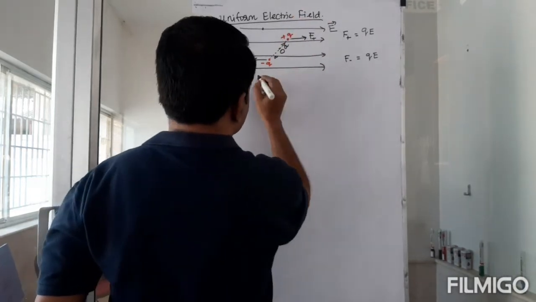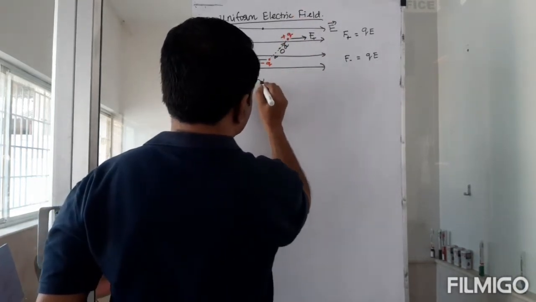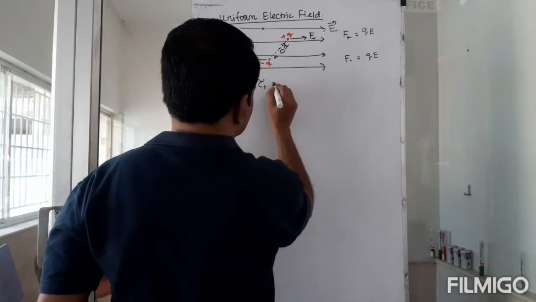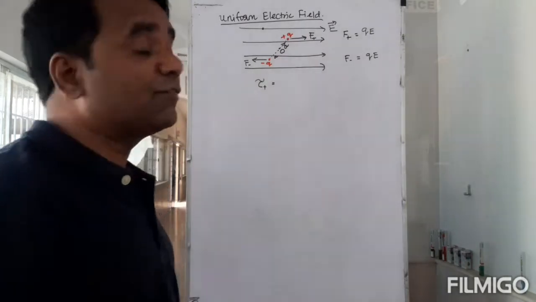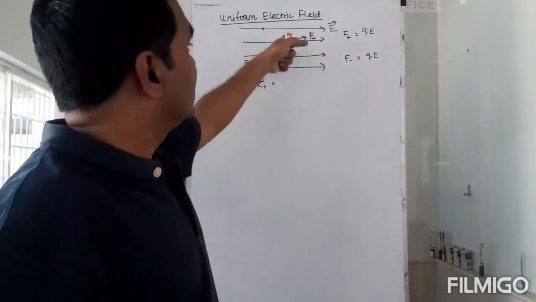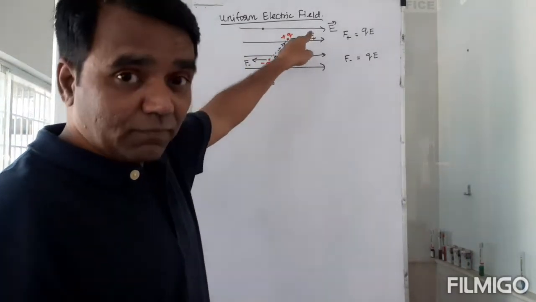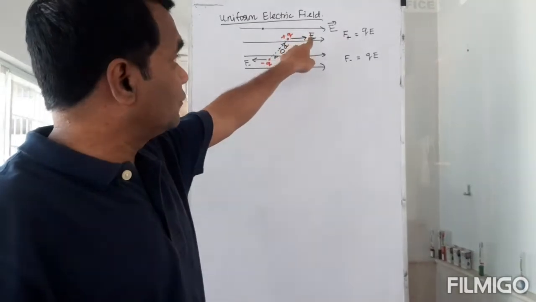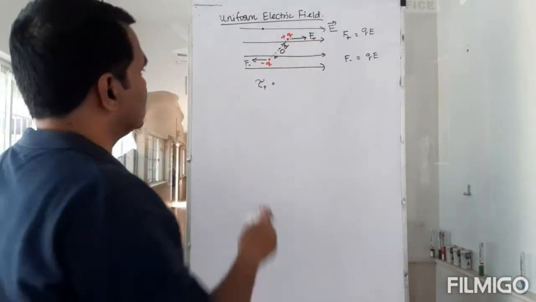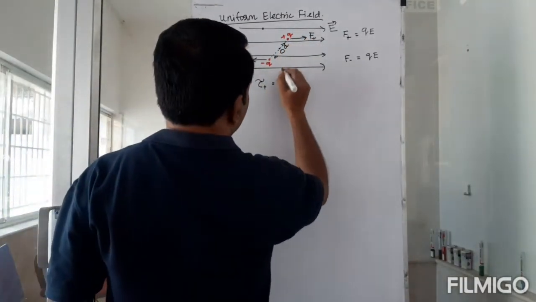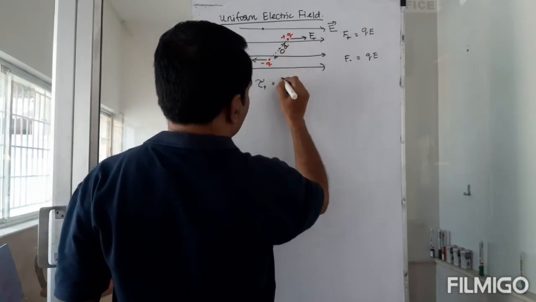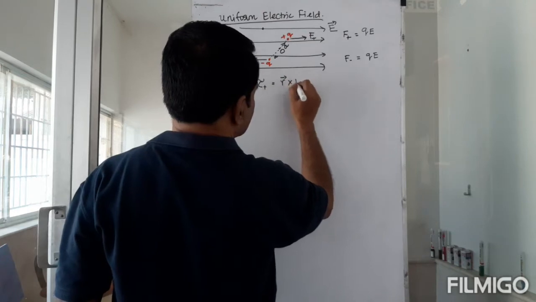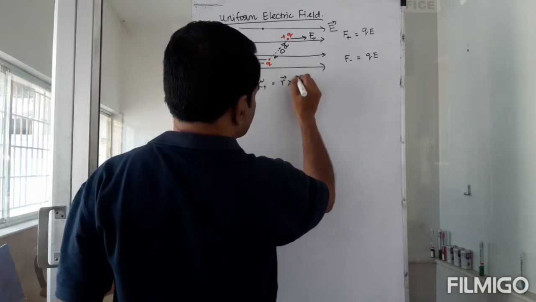So the torque due to the force F plus is actually R cross F plus.